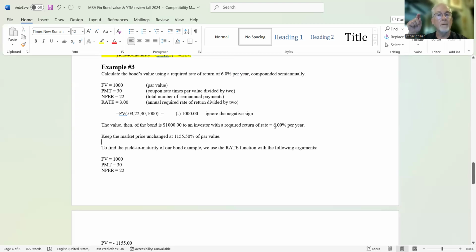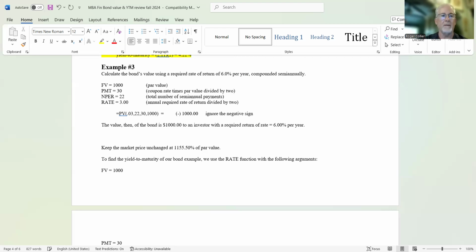First example, required return was less than coupon, and that made the value greater than par. Second example, required return was greater than coupon. That made the value less than par. Third example, required return and coupon are equal. The value is equal to par. All right, that's probably worth saying, huh?